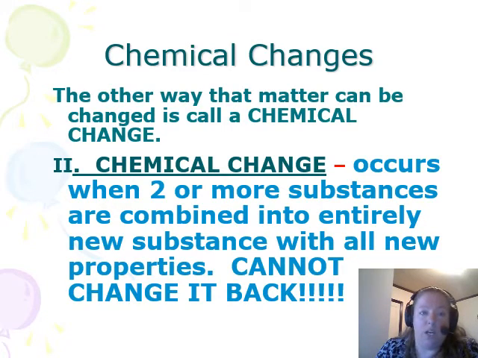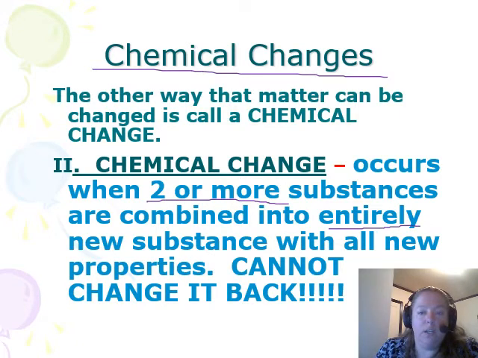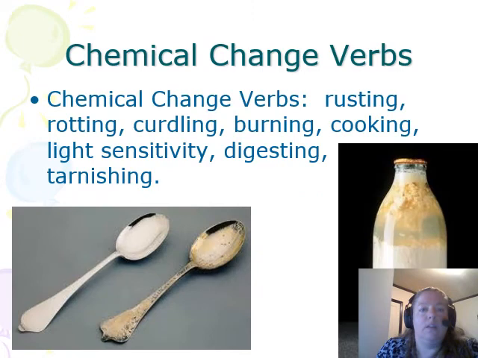Now, chemical change is the other type of change that matter can undergo. A chemical change occurs when two or more substances are combined into entirely new substances with all new properties, and you can't change it back. Okay? So, some examples here. When metal rusts, you can't change that back to solid metal.